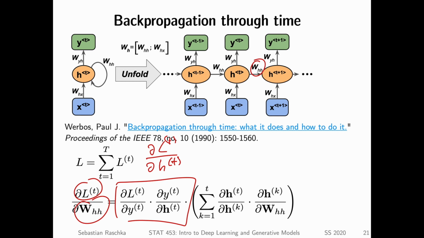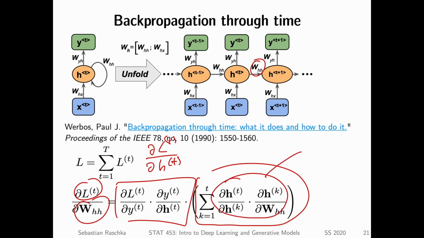What's new here, though, is that we have this summation term where we sum over all the previous time steps. So the part that I'm circling here could also be summarized like this, right? Inside, I'm just using the chain rule to expand this term into 2 terms. Right now I'm summing over all the previous time steps because they are used to compute the current hidden activation.